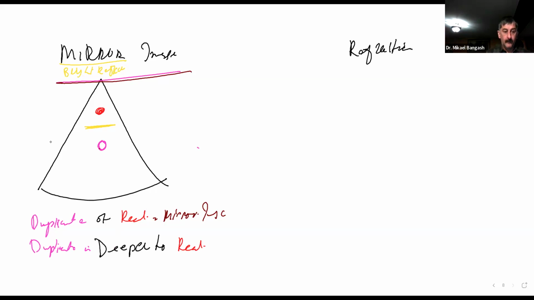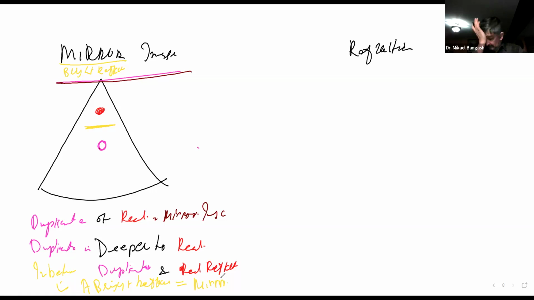And in between the duplicate or mirror image and the real reflector or structure is a bright reflection, or the mirror. Did you guys get that? Good.